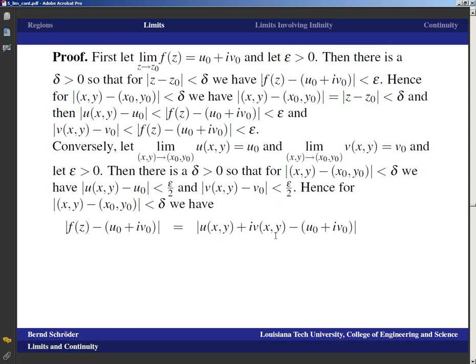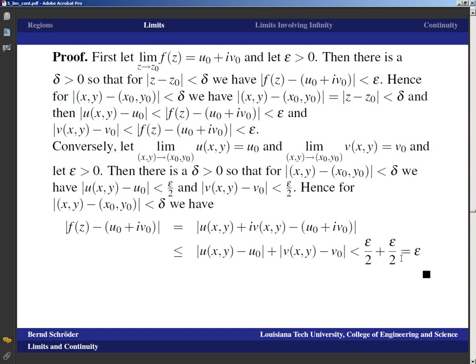Well, that's |u of (x,y) plus iv of (x,y) minus (u0 plus iv0)|, which is smaller or equal, well, that's |u minus u0| plus |v minus v0|, and again, we've used our best friend, the triangle inequality. And we know the first one is smaller than epsilon halves, the second one is smaller than epsilon halves, and that's epsilon.